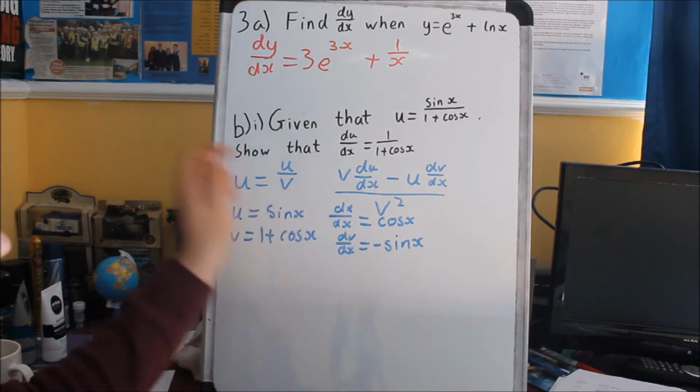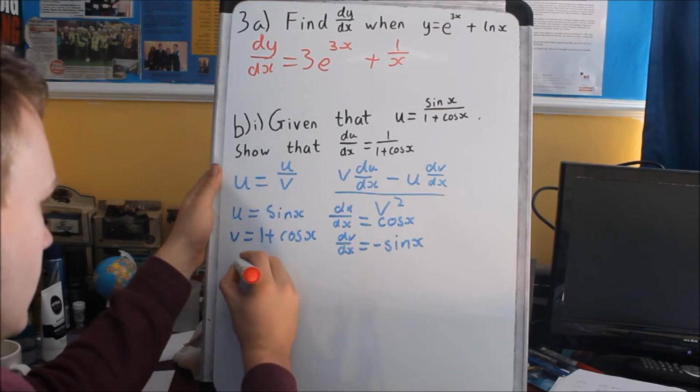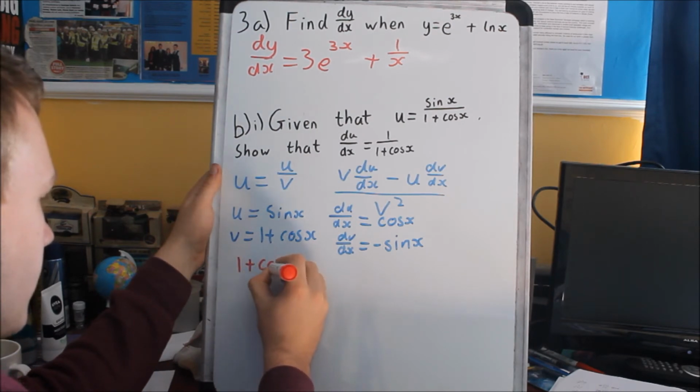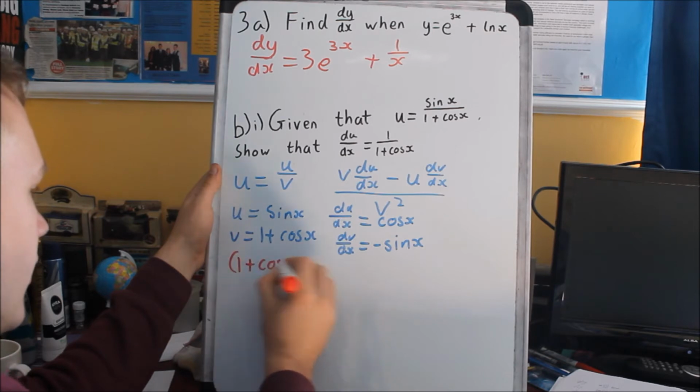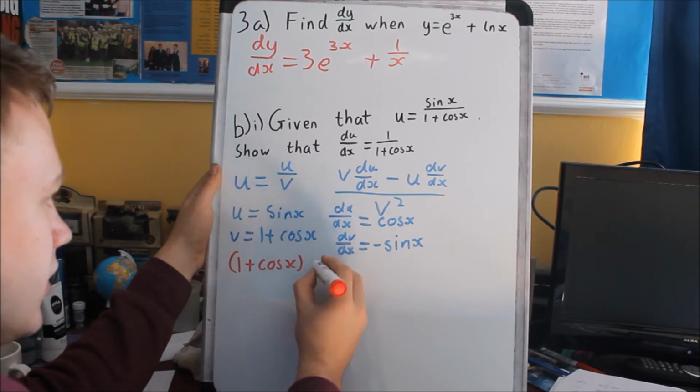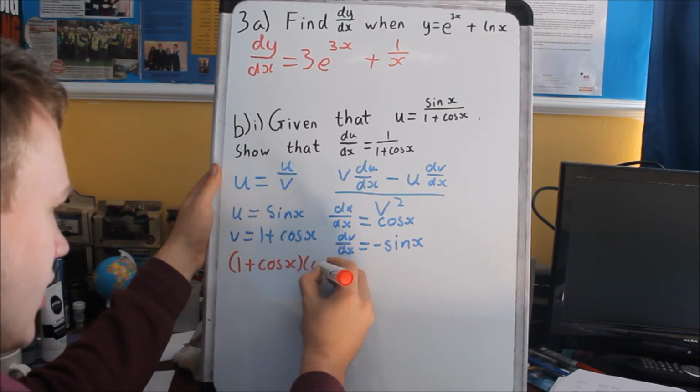So, v du dx is 1 plus cos x, that's our v, times du dx, which is cos x, so it's that times cos x.